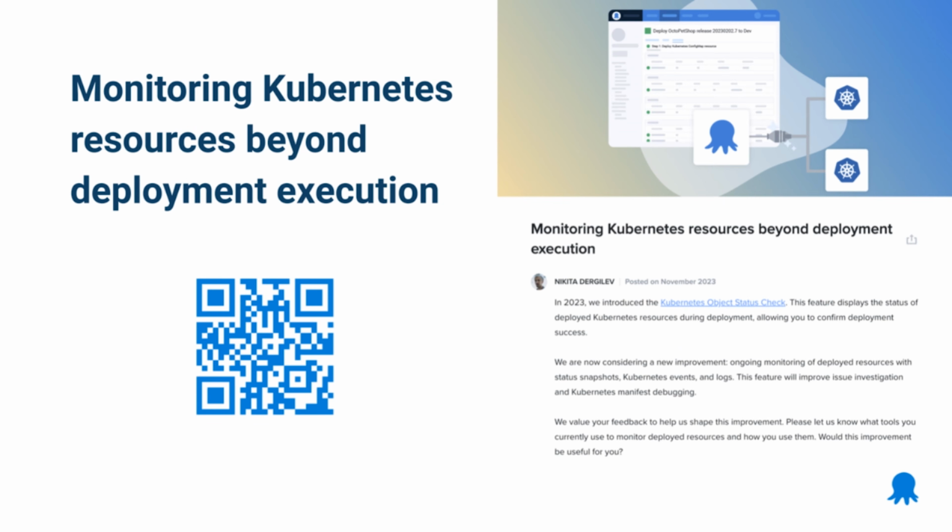You deploy it with the agent, and you can always open the tab and see all the resources on the cluster and their current status. So with the agent, this is potentially possible. We have the card about it. This is a QR code. If you scan it, you get to this card, and just let us know if this is something you would look into, or maybe the current object status during the deployment time is actually more than enough.